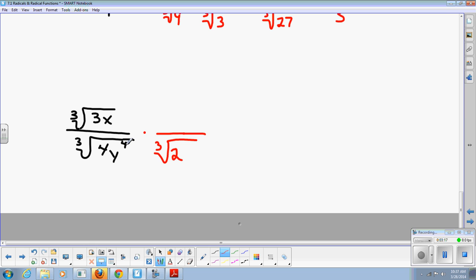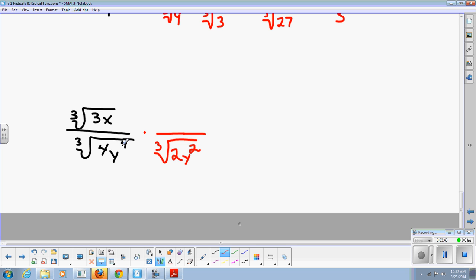I know from past experience with cube roots that I need the exponent, the 4, to become a multiple of 3. Since 4 is above 3, the next one in line is 6. How many y's do I need to get to 6? I need 2 more, so this is going to be y squared inside here.